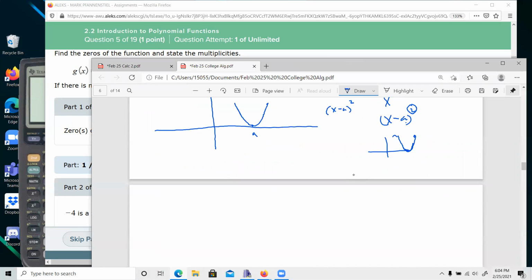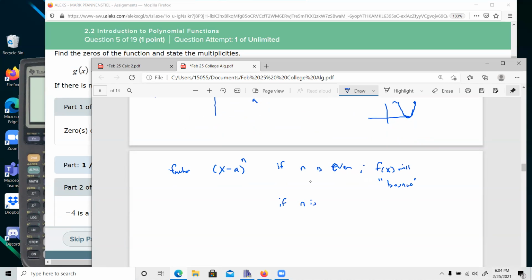So if you've got a factor, like we just did, x minus a, and we've got some kind of an n up here, if n is even, then f of x will bounce.